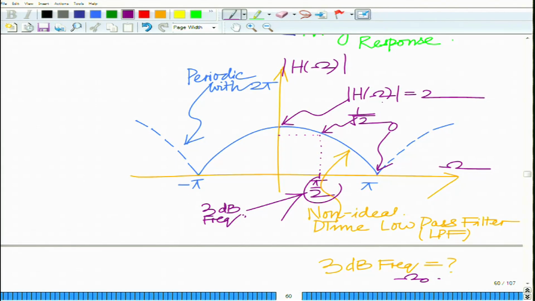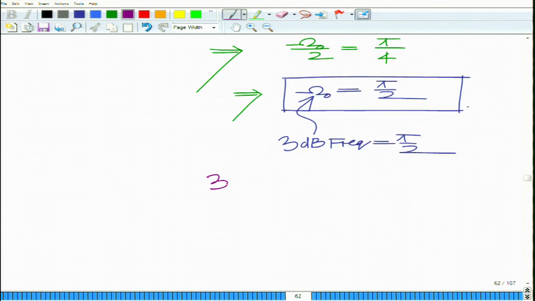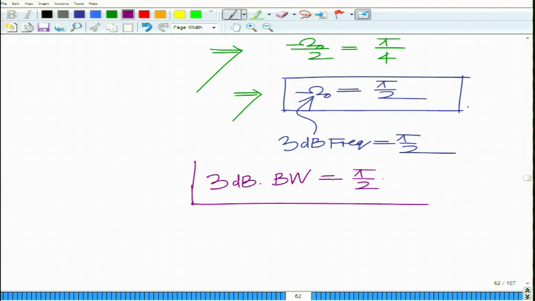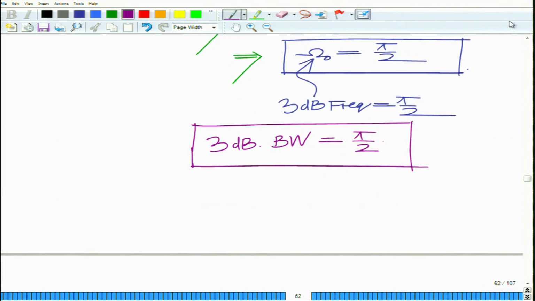And you can also say that the 3 dB bandwidth of this non-ideal low pass filter is basically pi over 2. Okay, all right. So, that completes the analysis of this problem.